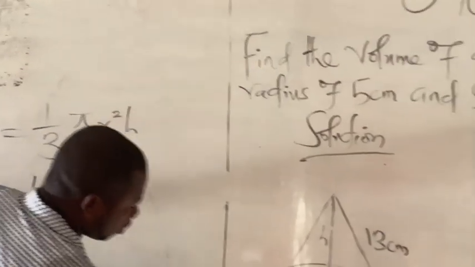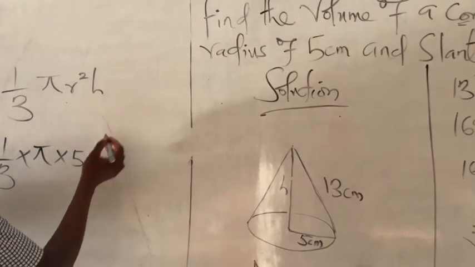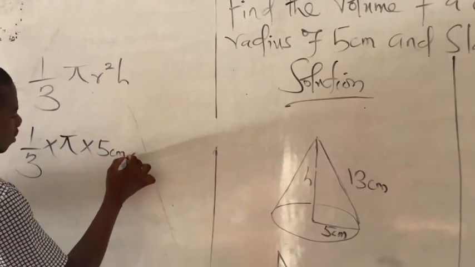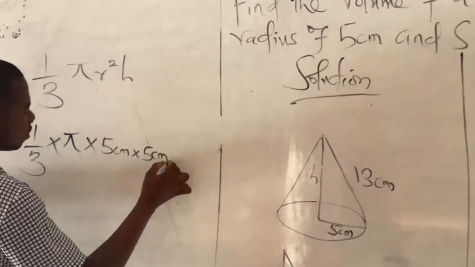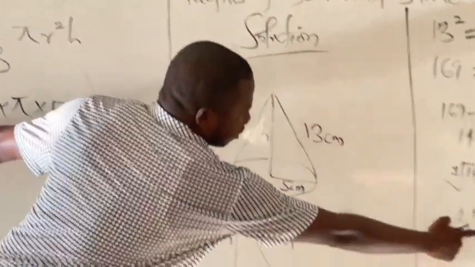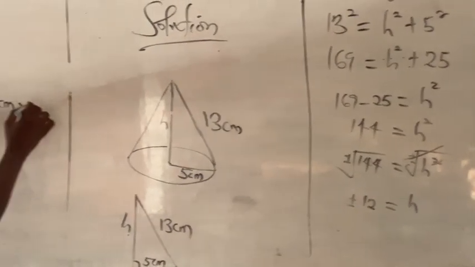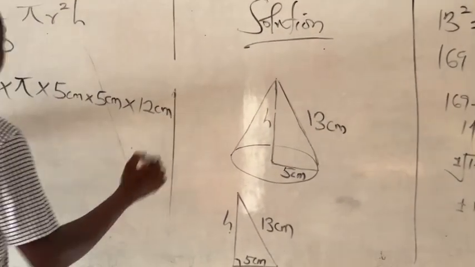Our r was 5 centimeter, so 5 centimeter times 5 centimeter, and then multiply by the h. Our h here is 12 centimeter. Mind you, everything here is in centimeters.